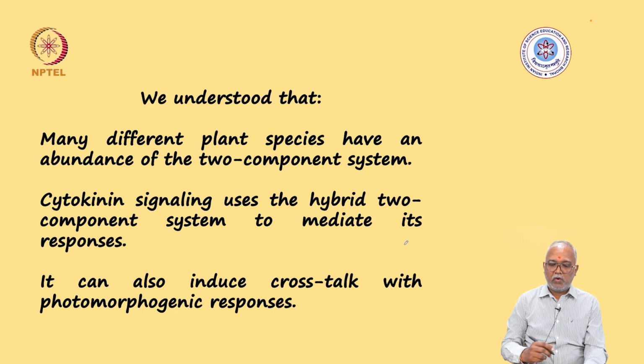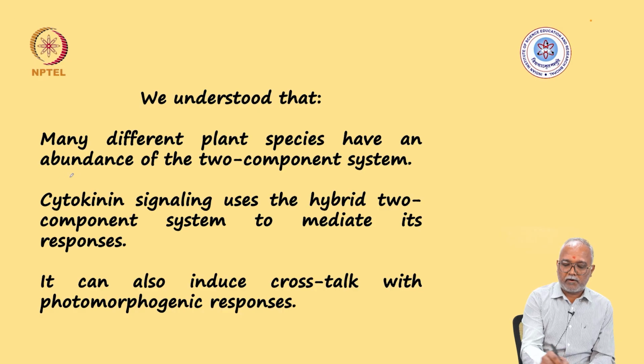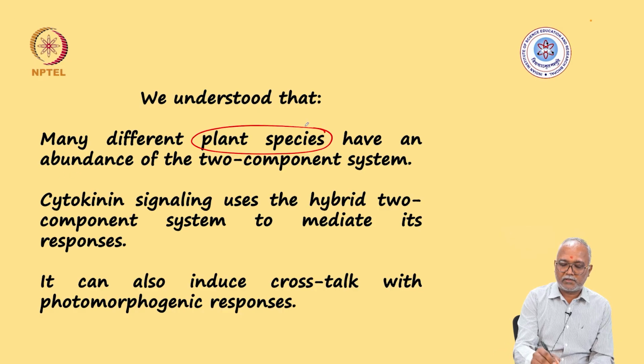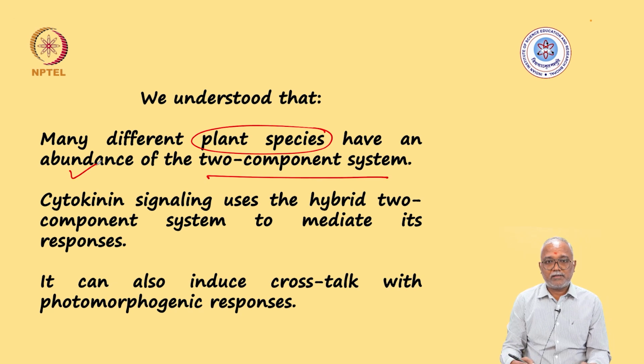And what we have understood in this class is that different types of plant species utilize the two component system, they have an abundance of it. Not only is every component present in the plants, but also the variants are present in the plant, whether it is histidine kinase variant or response regulator variant.